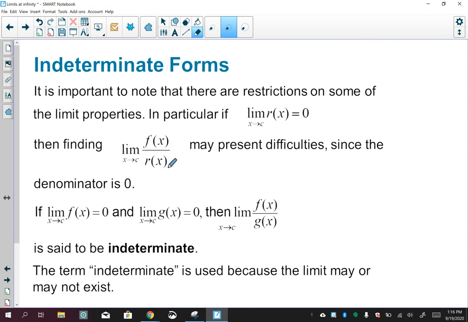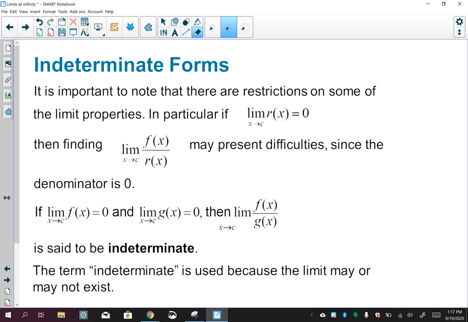Now you have a problem because your denominator is 0 and you can't have a 0 in the denominator. So there are things you would have to do. You'd have to look at whether it's an asymptote or a hole, or what's going on with it that would hopefully allow me to still find some sort of limit.